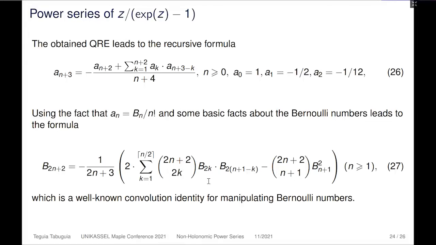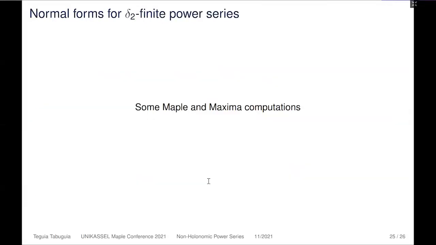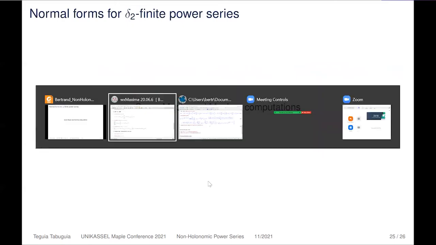This shows somehow that our algorithm can be used to recover, or even, who knows, find some identities involving Bernoulli or Euler numbers.